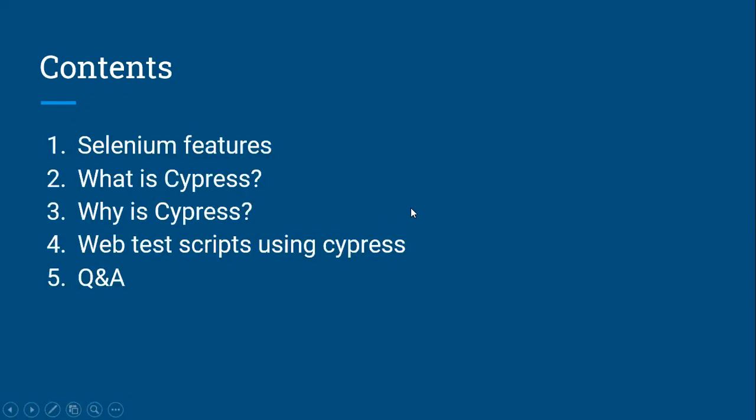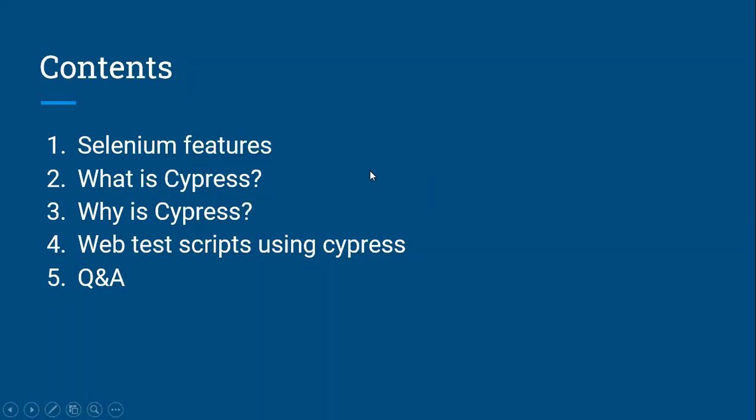So for this presentation, I have 5 parts. The first one, I'm going to talk about the framework that every QA thinks about first when we implement automation testing for a web application, that is Selenium.